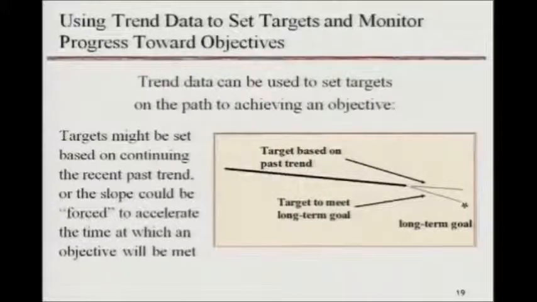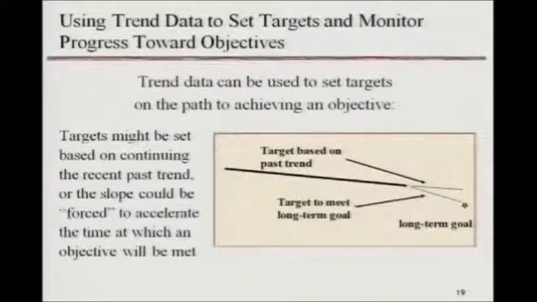If decreasing is good, we could just say, let's set the target as though that slope is going to continue the way it is, and so then you might set your target here for the next year or whatever this unit is. But you also know that you're still not going to meet, let's say, the 2020 objective if you do that.